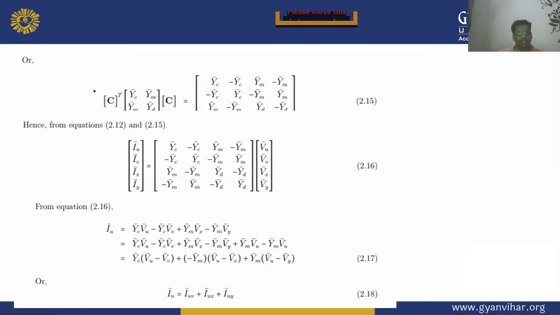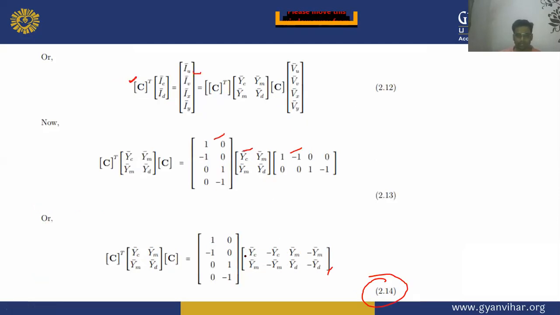Now I will be writing that CT transpose will be nothing, I've just transformed into this equation. I've multiplied these two matrices. That means I will be getting it like this way.